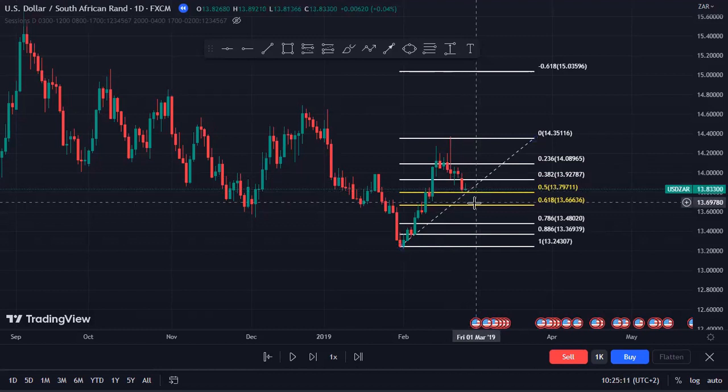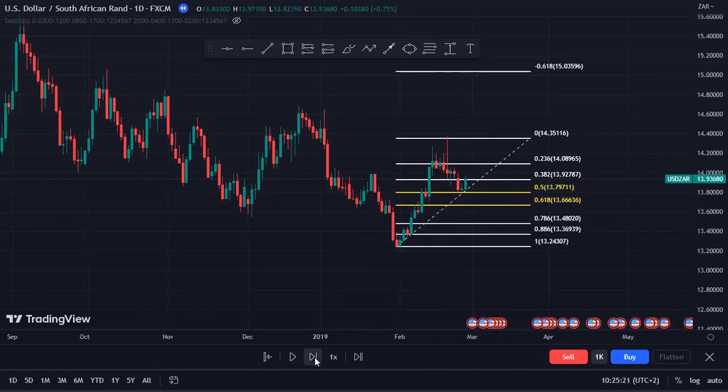So our fourth step is to wait for our confirmation candle. So let's see how price plays out and if we do get one. Okay, as you can see right here, we've got our confirmation candle, which is an inverted hammer, which indicates a bullish move. So from here, we're gonna enter our trade.